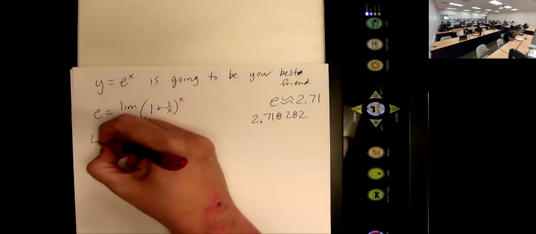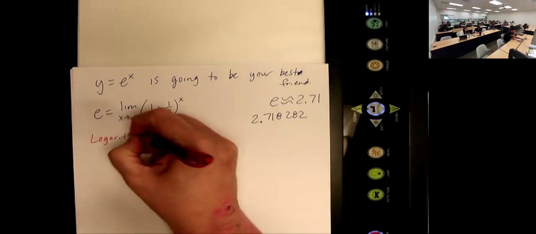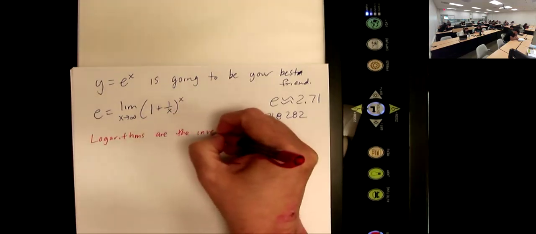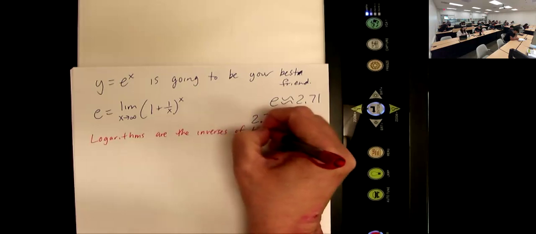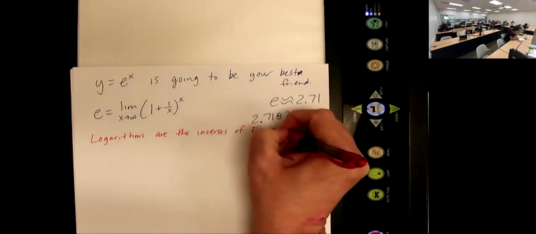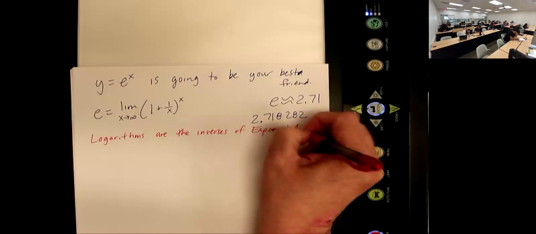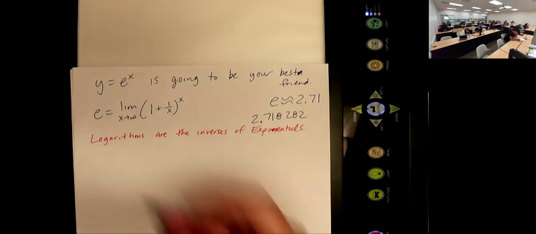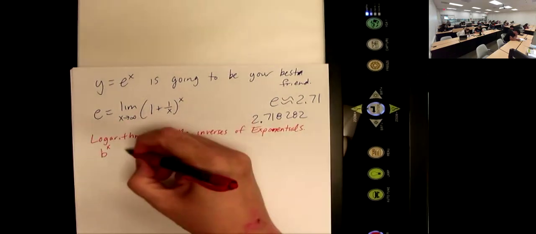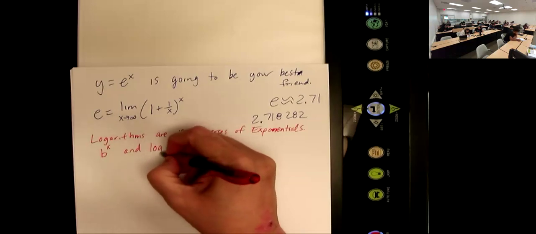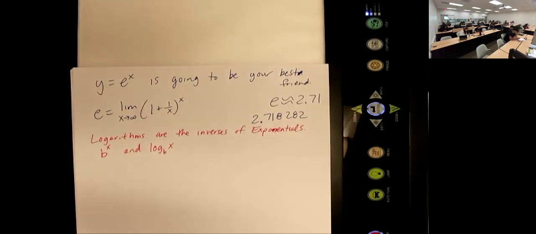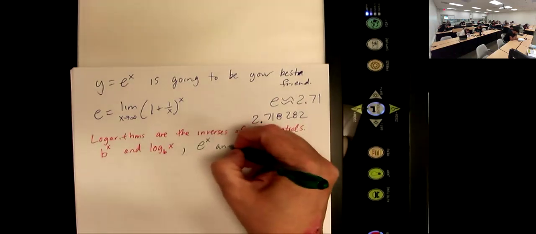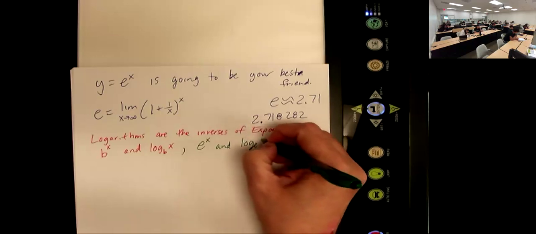Logarithms are the inverses of exponentials. So b to the x and log base b of x are inverses. e to the x and log base e of x are inverses.